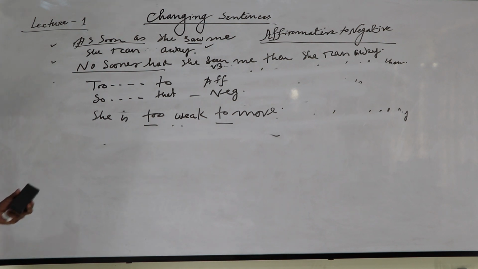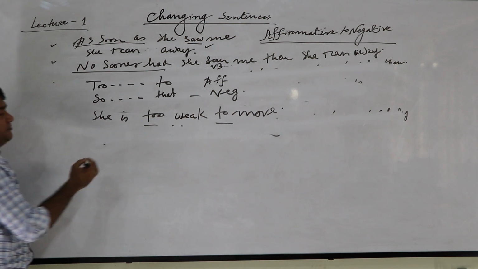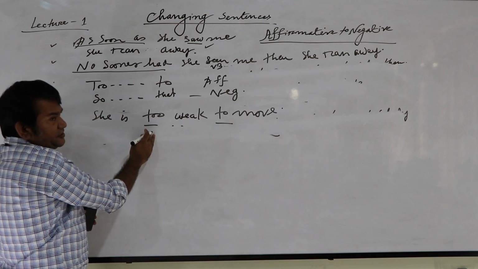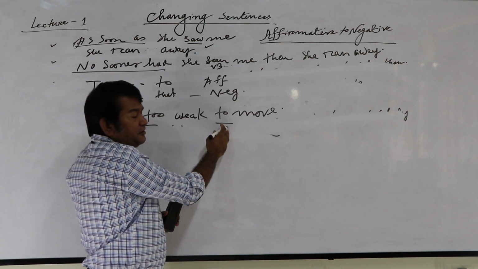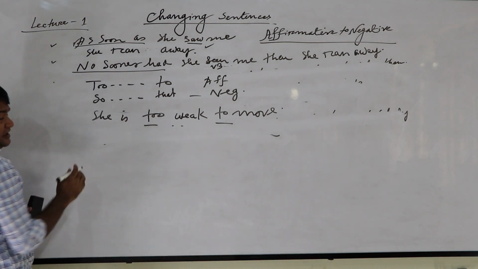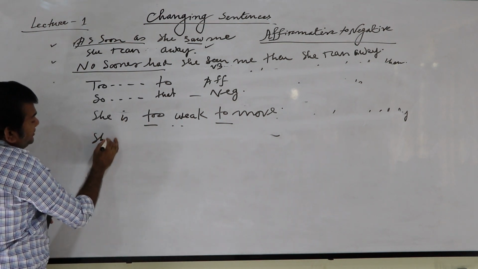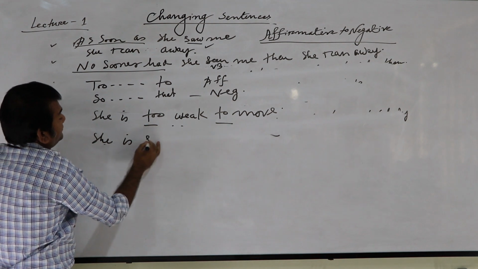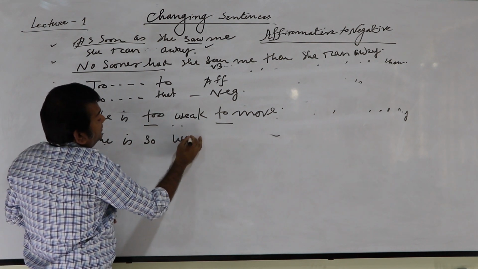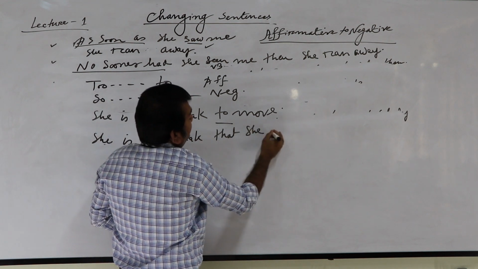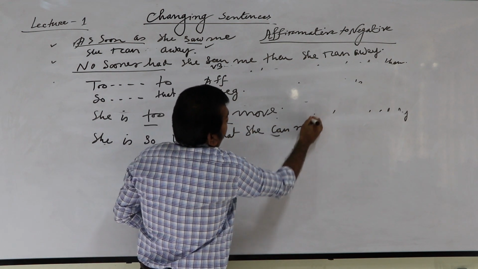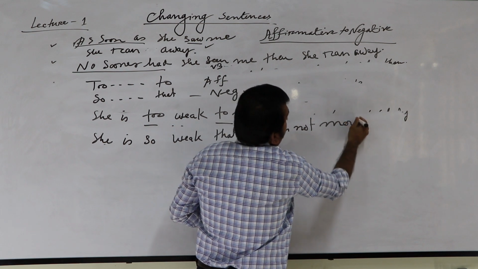Then how will we change it into negative? In place of too, there should be so, and in place of to, there will be that. So the sentence will be, she is so weak that she cannot move.